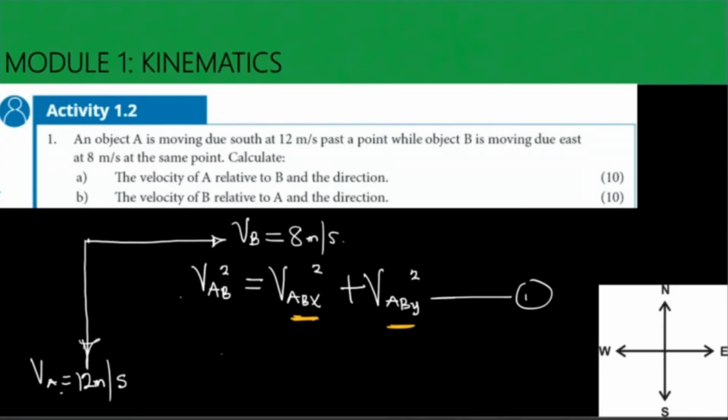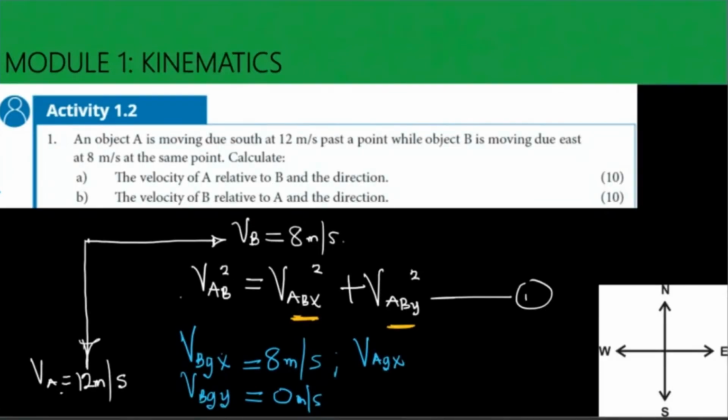The velocity of B relative to the ground on the x-axis is 8 meters per second. The velocity of B relative to the ground on the y-axis is 0, because B is moving in the eastern direction. Now, the velocity of A relative to the ground on the x-axis is also 0.